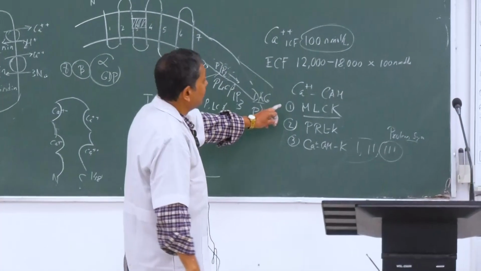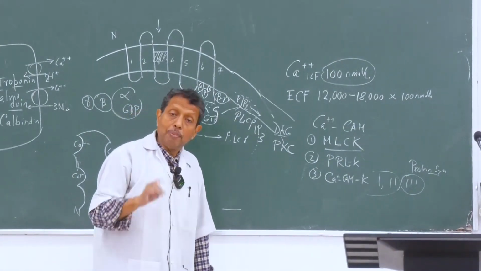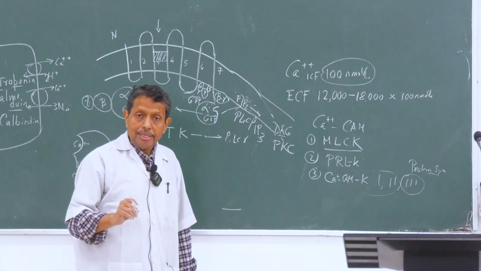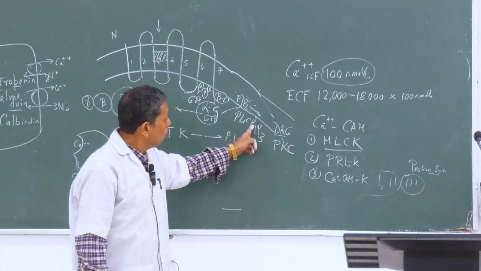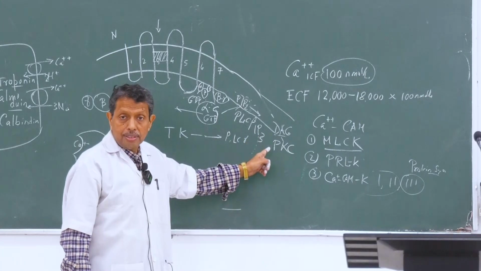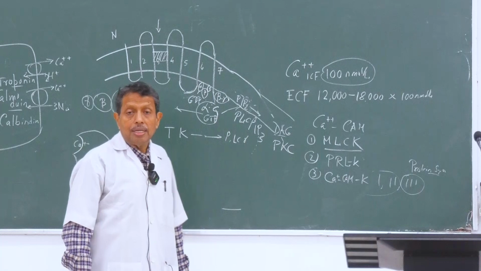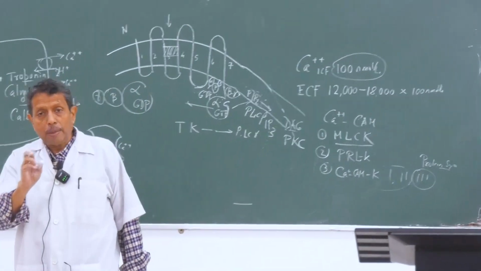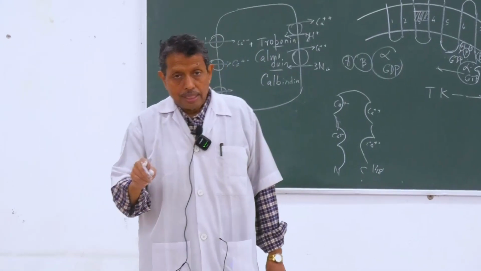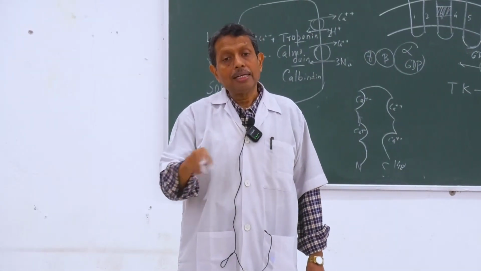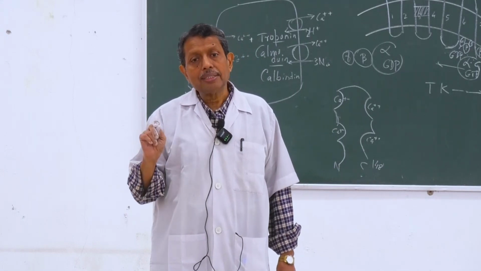Now there are other types of kinases. Calcium phospholipid dependent kinases, which are related to PIP2. Some are nucleotide dependent kinases, like cyclic AMP dependent kinases, adenylyl cyclase and cyclic AMP dependent kinases, cyclic GMP dependent kinases.